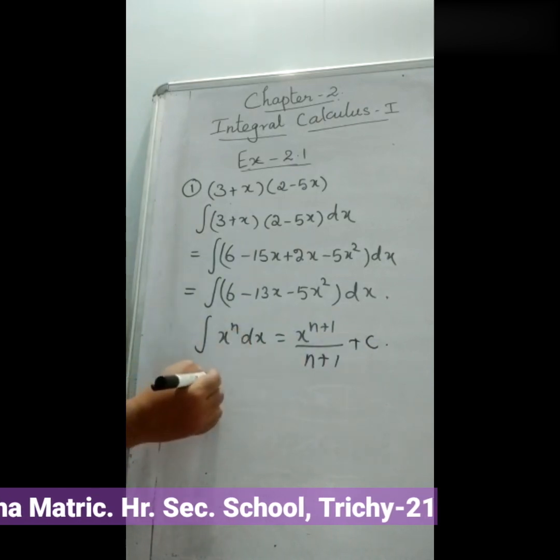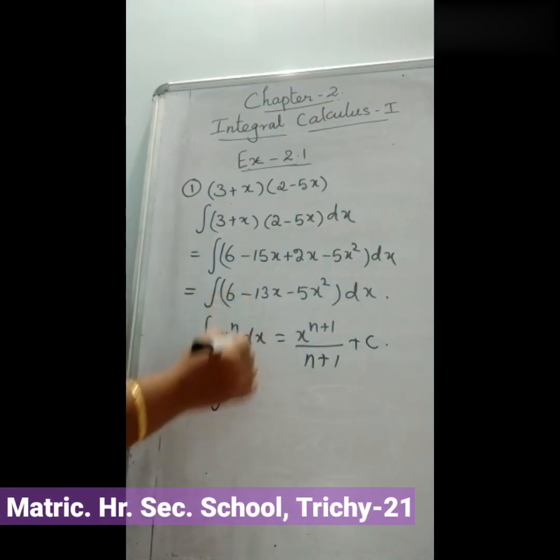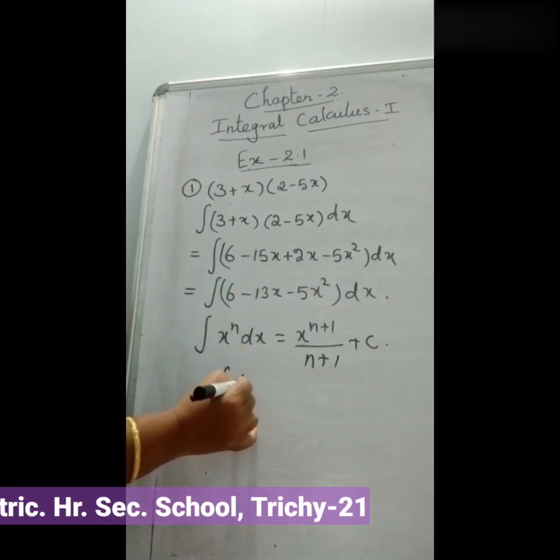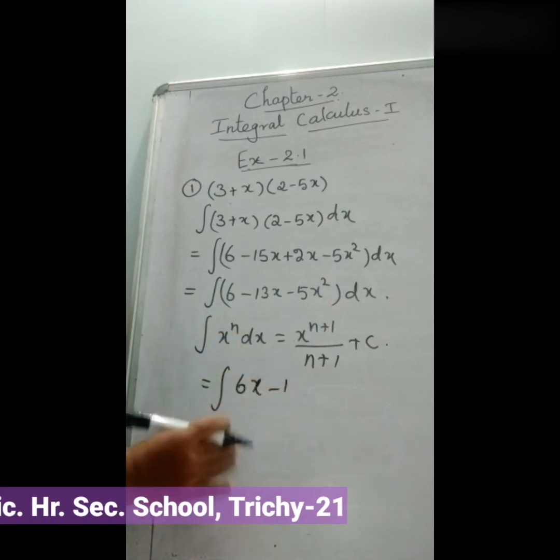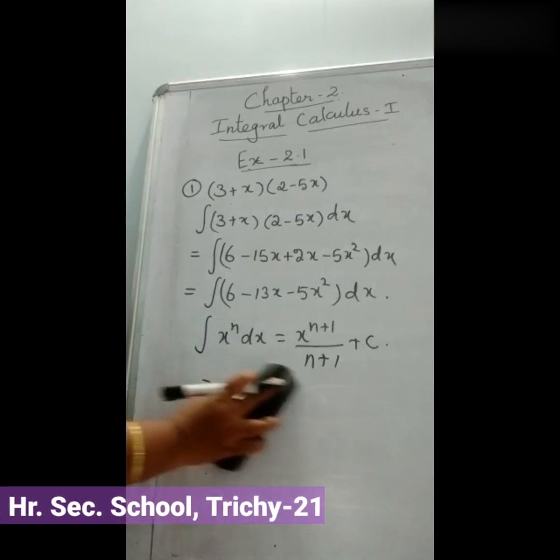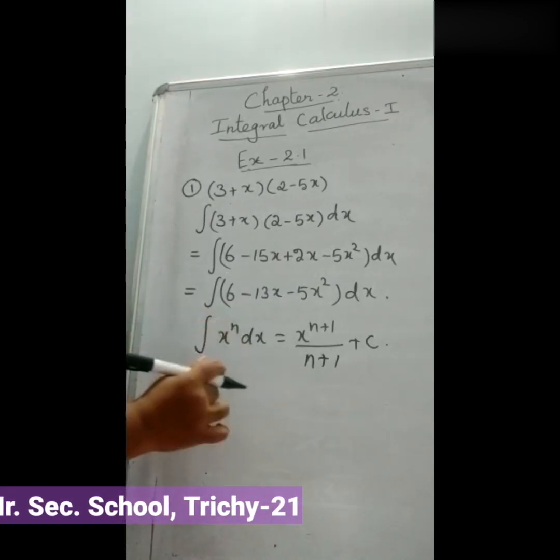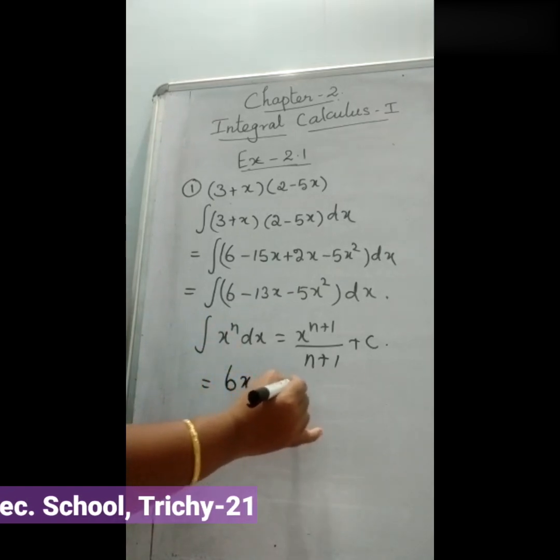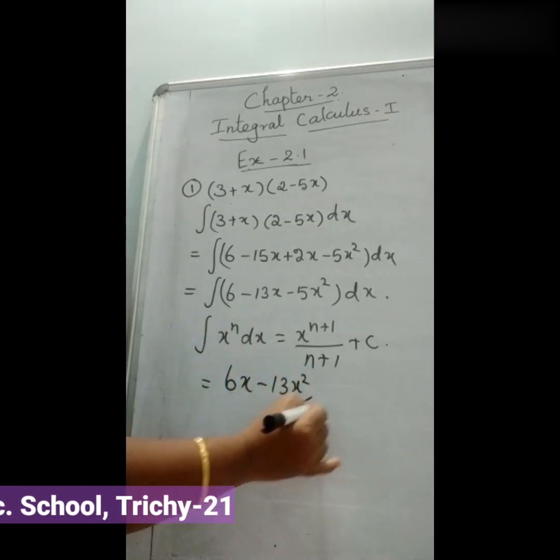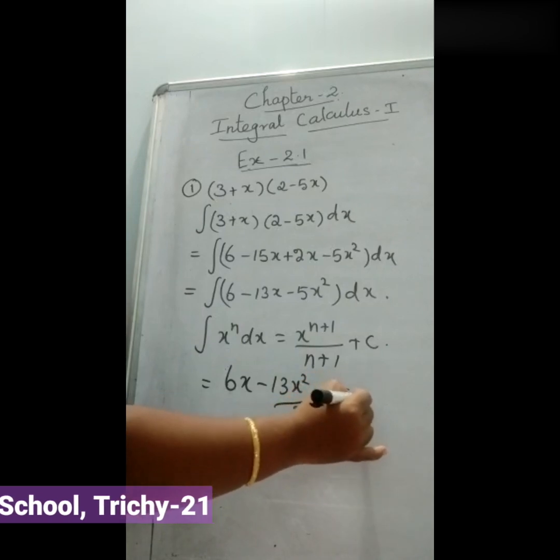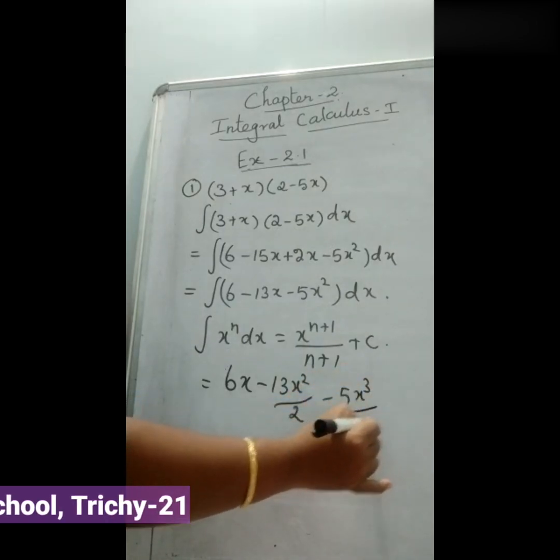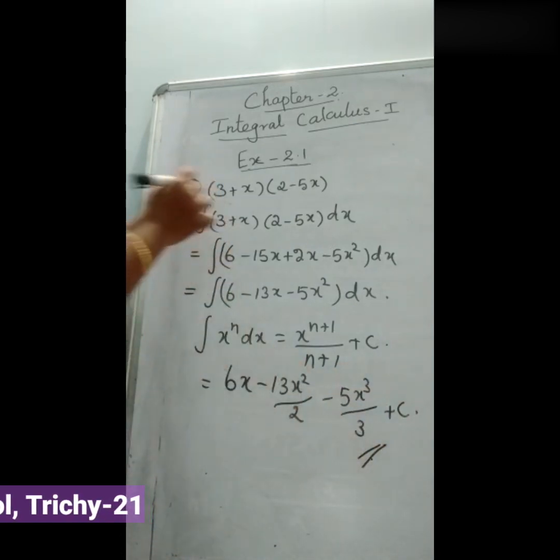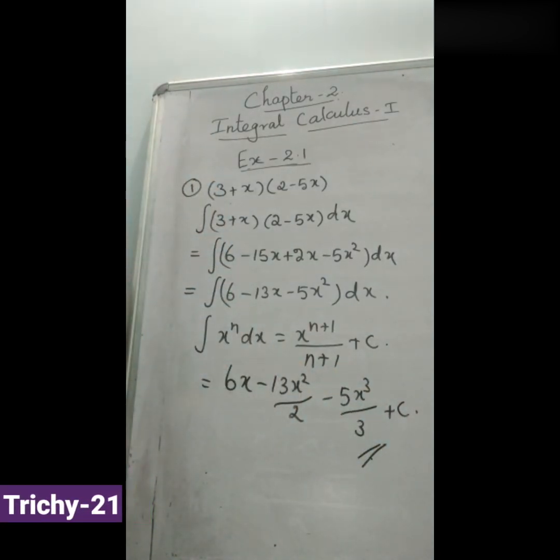Using this formula we integrate the term 6 dx to get 6x, minus 13x²/2, minus 5x³/3, plus c. This is the answer for this integration.